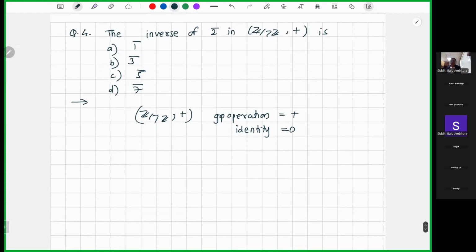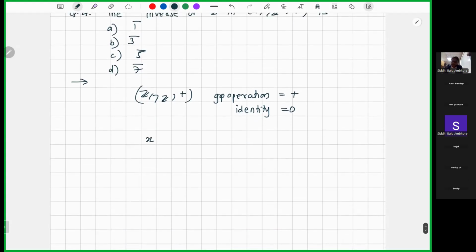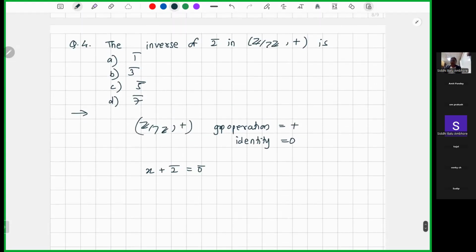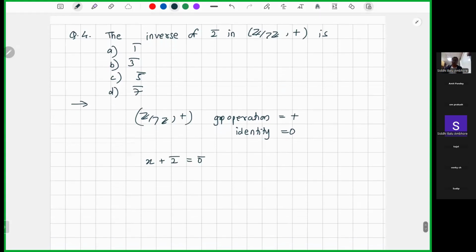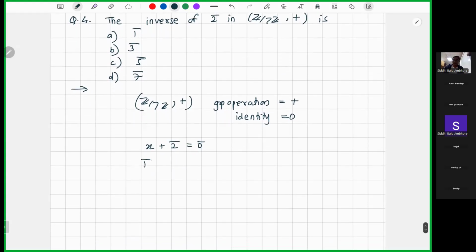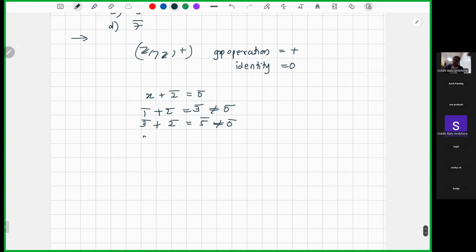So I want to find an element x such that x plus 2 bar is 0 bar in Z7. So what will that element be? Any guesses? Clearly, 1 bar plus 2 bar is 3 bar, which is not equal to 0 bar. 3 bar plus 2 bar is 5 bar, again not 0 bar. 5 bar plus 2 bar is 7 bar, which is 0 bar.